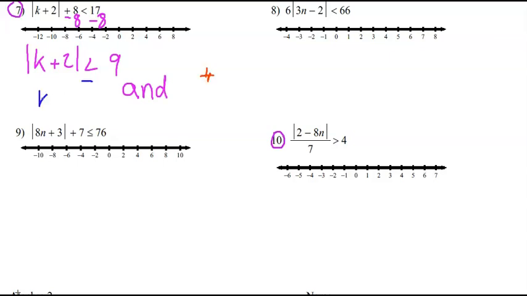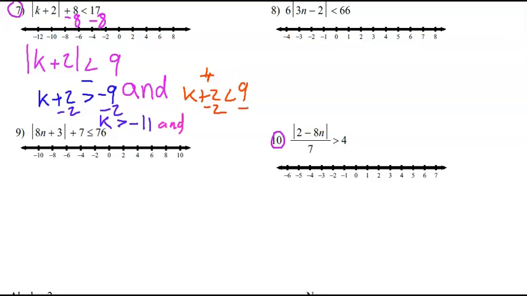So for a negative piece we have k plus 2 is greater than negative 9. And then for a positive piece we have k plus 2 is less than 9. Solve for k on each. Subtract 2. We have k is greater than negative 11. And subtract 2.